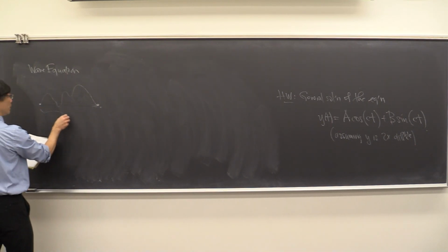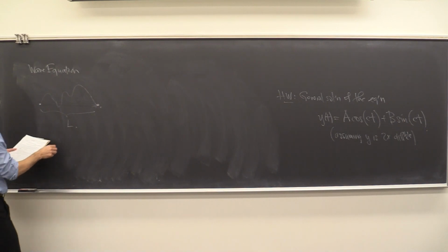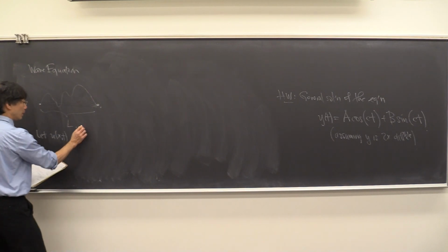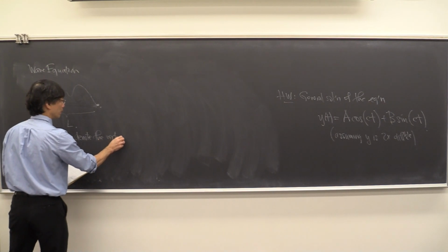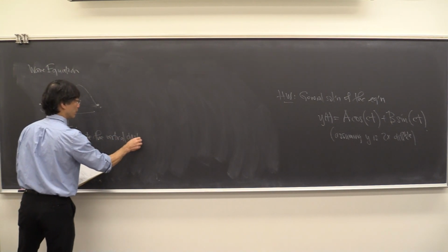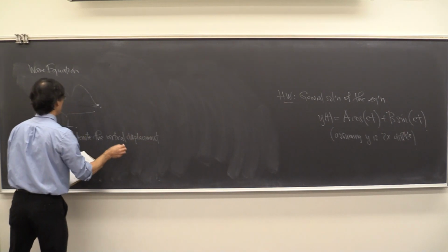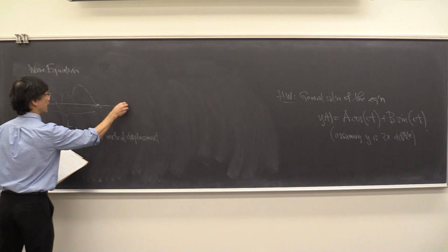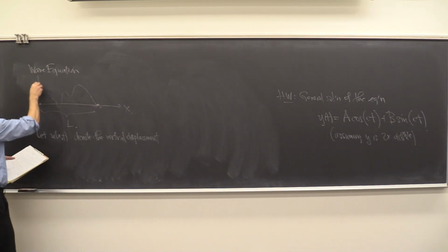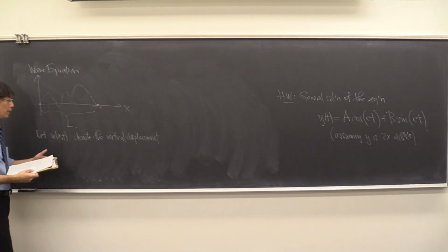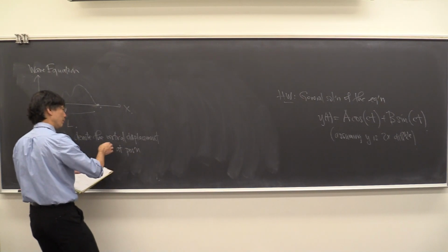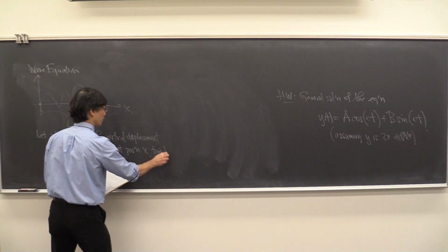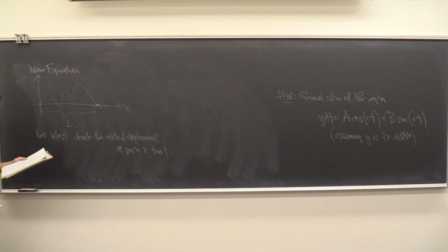So you have a string. It's of length L. You let u(x,t) denote the vertical displacement. So this is x, right? And u(x,t) is the vertical displacement at position x and time t, right?